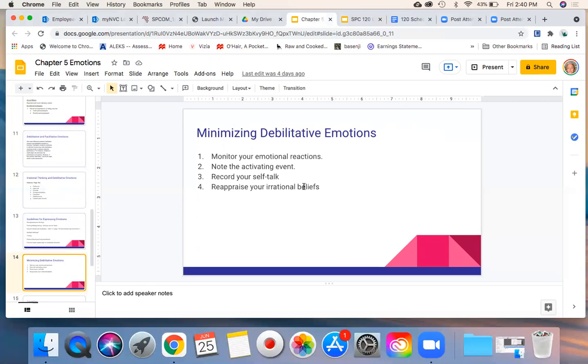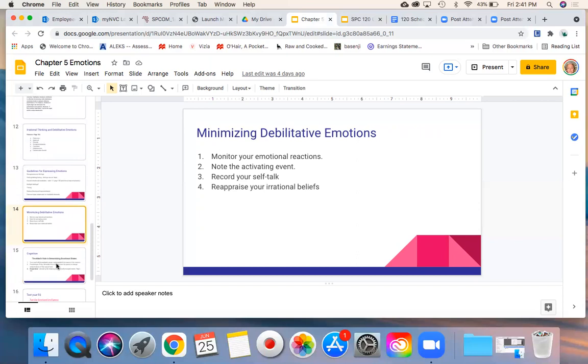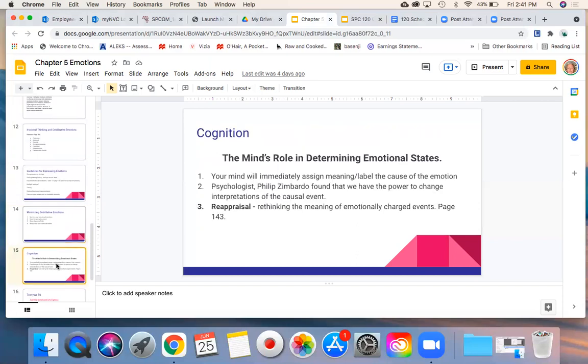So it's just this idea of, can you bring awareness? A lot of your thinking habits are just habits, and not all of us are aware of our thinking habits, but just check your self-talk. How are you talking to yourself? All those things can really minimize debilitative emotions.